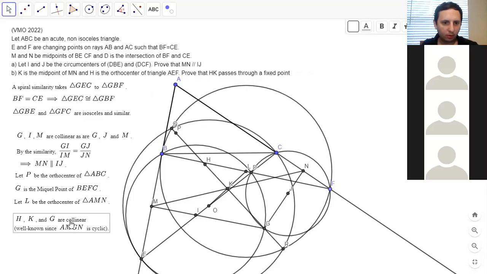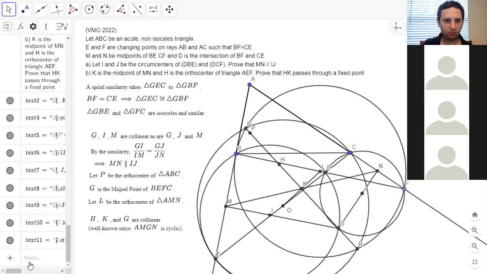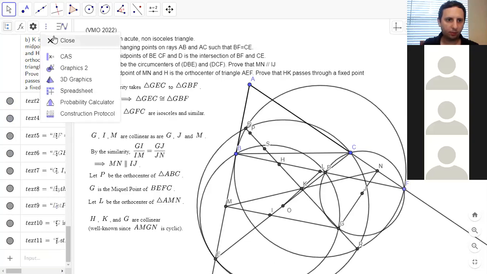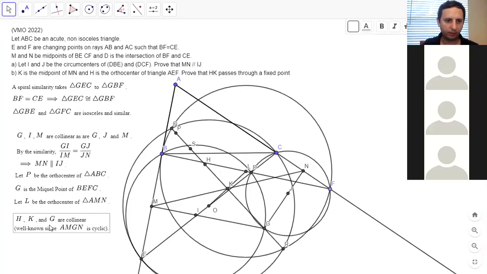Wait, I'm so confused now. P is the orthocenter of ABC. What's the orthocenter of AMN? Did we mention that? Oh, L. No, but I renamed it here. Okay, let me redraw that. So let S be the orthocenter of AMN. It's well known that S, K, and G are collinear.